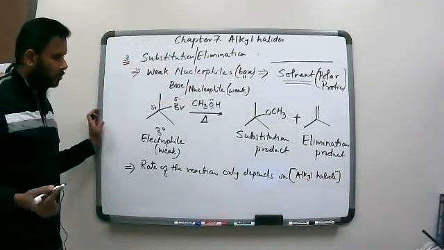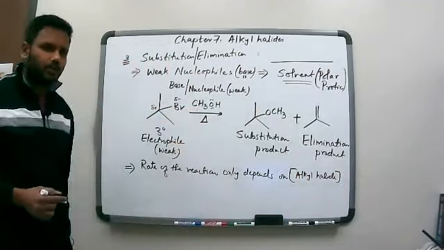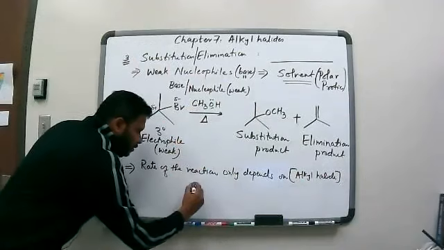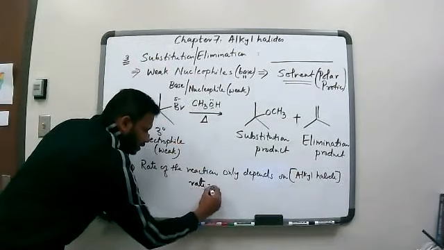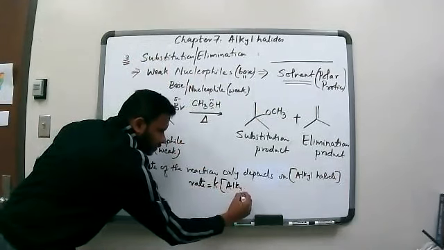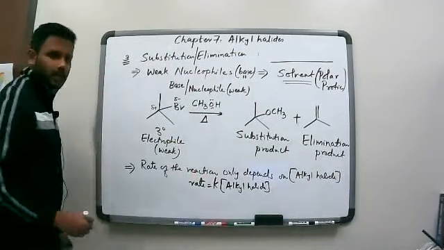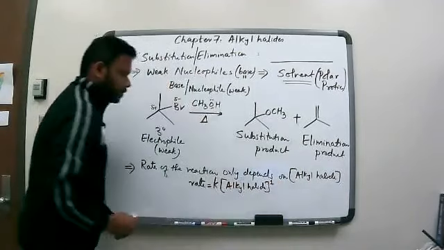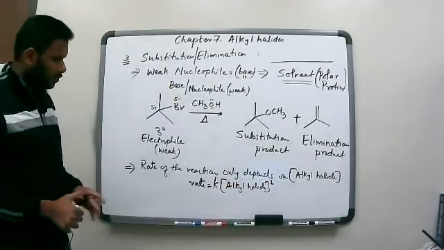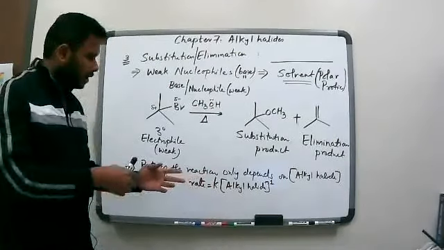So there's only one dependence. There is no nucleophile or base that shows up in the rate. So the rate law is something like rate equals a constant times the concentration of the alkyl halide to the power 1.